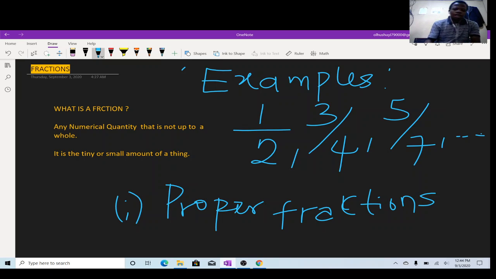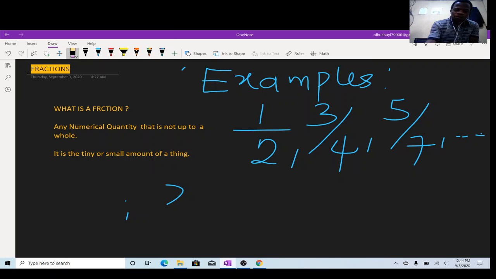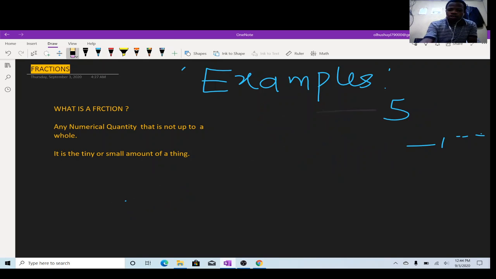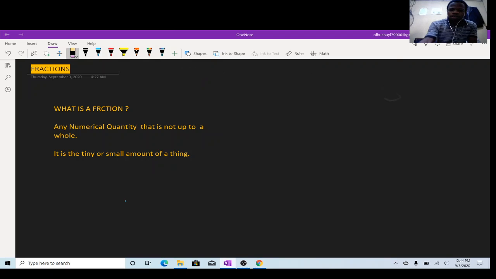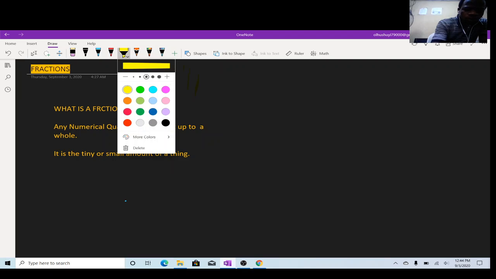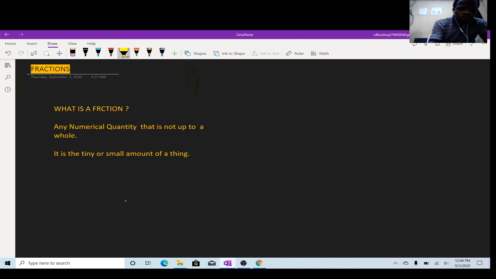Good. Let's go to the second type of fraction that we have. We've considered proper fractions. Let's consider other types of fractions. What are the other types of fractions? We have this other type of fraction. Permit me to wipe this.